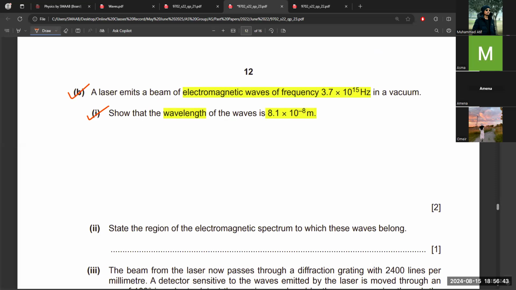And for all electromagnetic wave, speed remains the same. That is equal to speed of light. So we use the same speed of light and frequency is given. And we have to show wavelength is equal to this. So V is equal to F lambda or lambda is equal to V upon F.